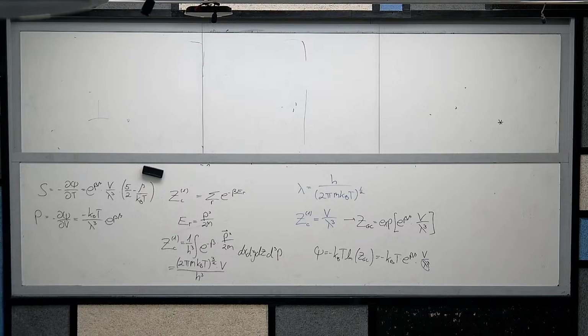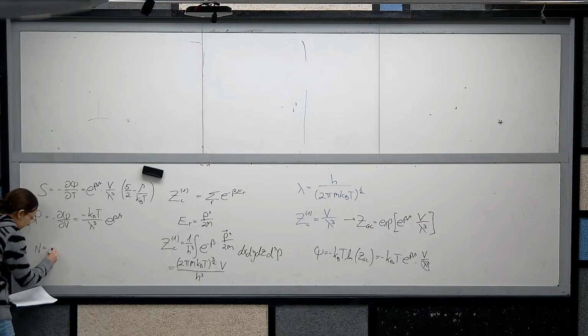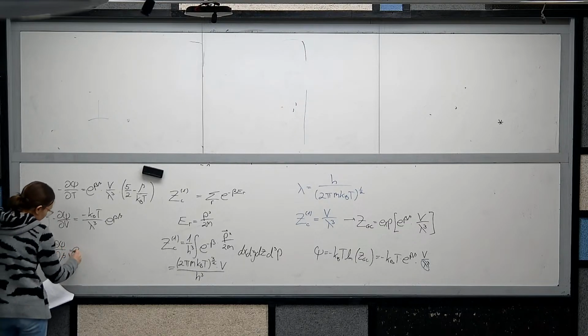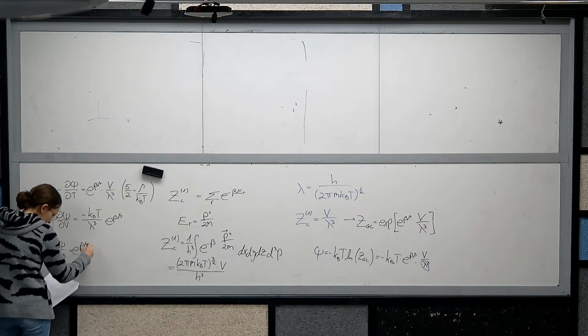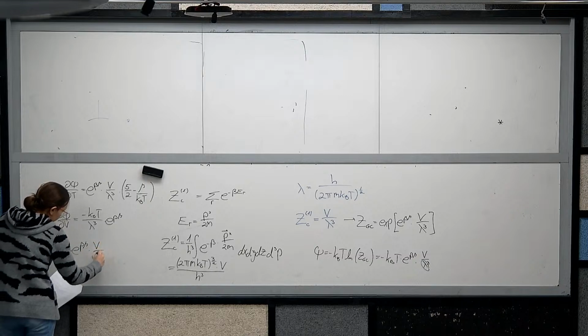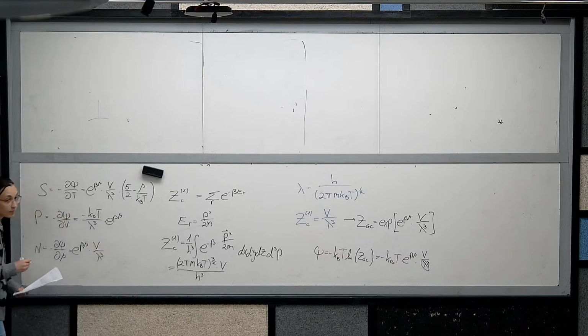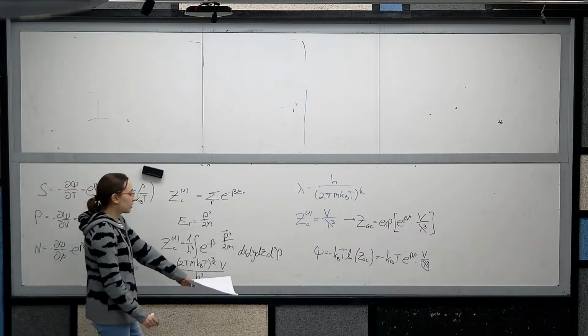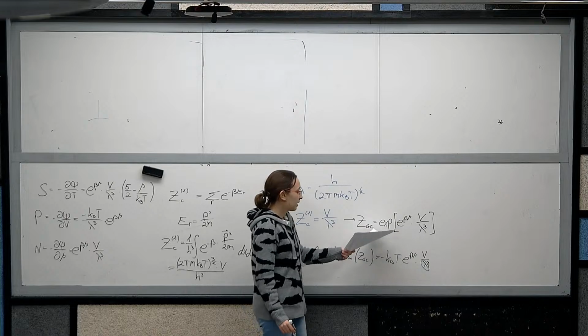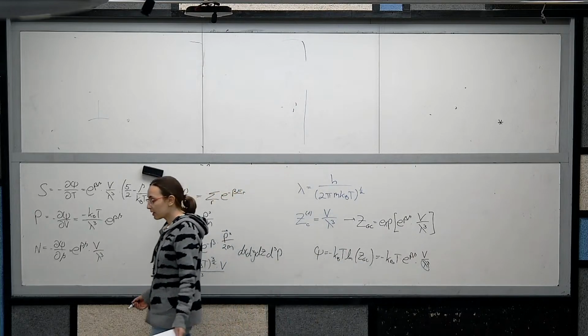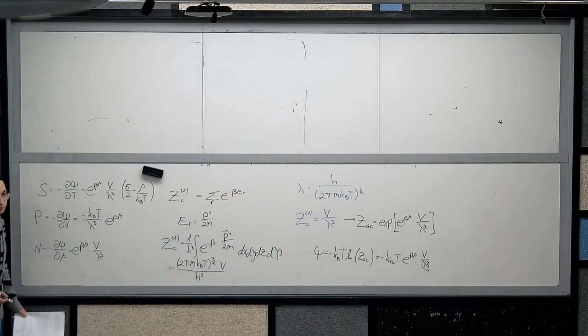Okay, so this is the pressure. And the last quantity, the number of particles, we do the same, and take the derivative of psi relative to mu, and we get e to the beta mu times V divided by lambda to the third. So if we have this grand canonical potential, if we have this partition function, we can find any thermodynamic quantity of the system.